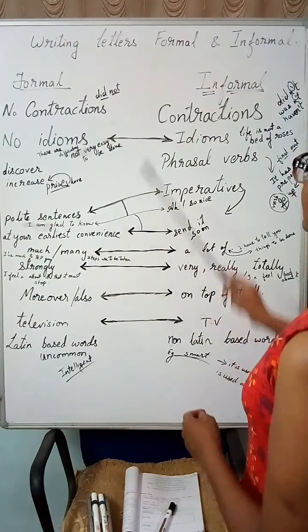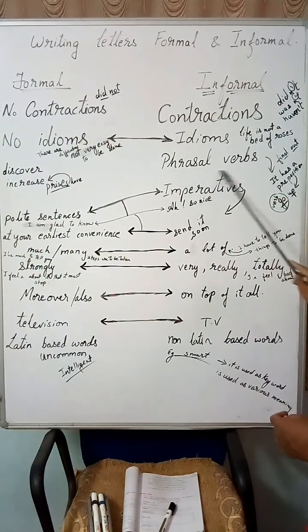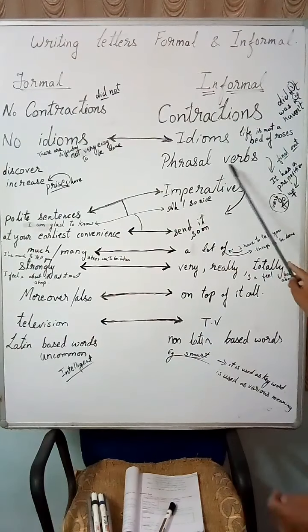Now next is phrasal verbs. In informal letters we use phrasal verbs. Now what are phrasal verbs? Like find out, go up. A phrasal verb has prepositions. Like here out is a preposition, here up is a preposition. So these phrasal verbs you can use in your informal letter when you're writing to your friend.